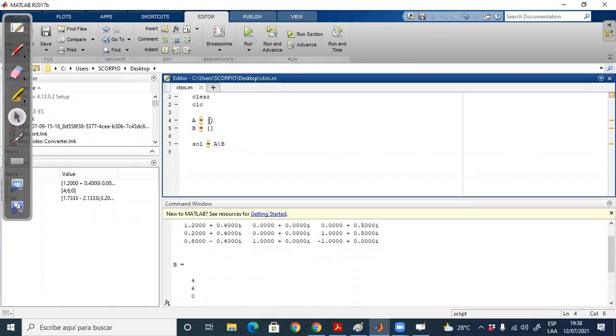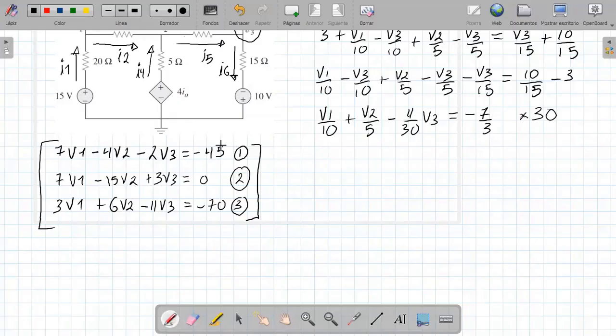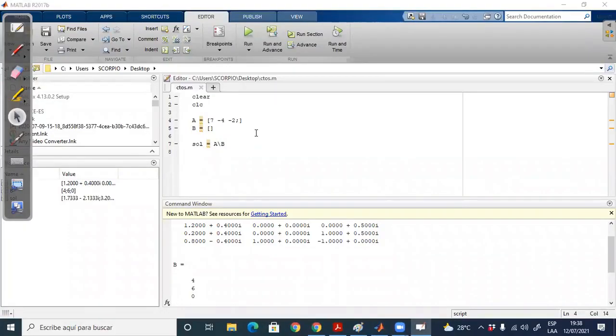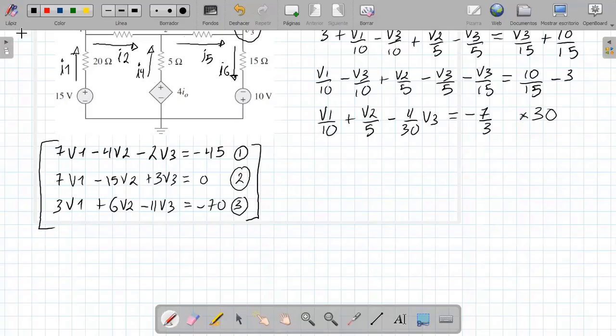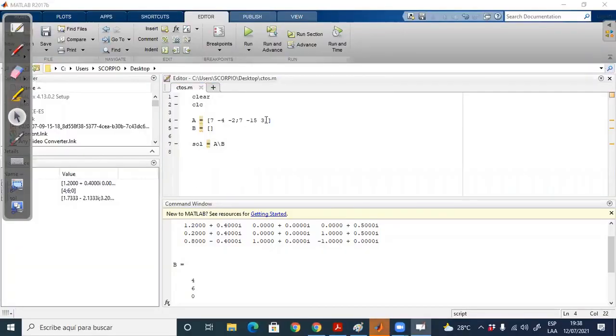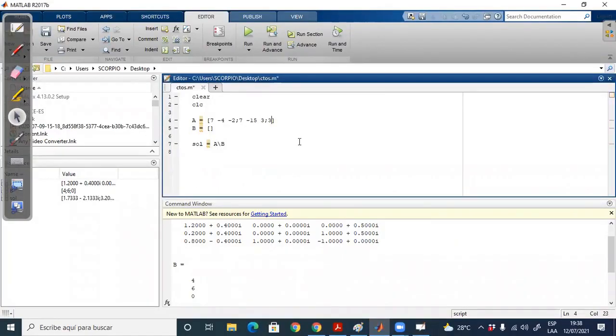I'm going to call the matrix A: 7, space, minus 4, space, minus 2, semicolon to go to the other row. 7, minus 15, 3. Here it would be 3, 6 and minus 11.